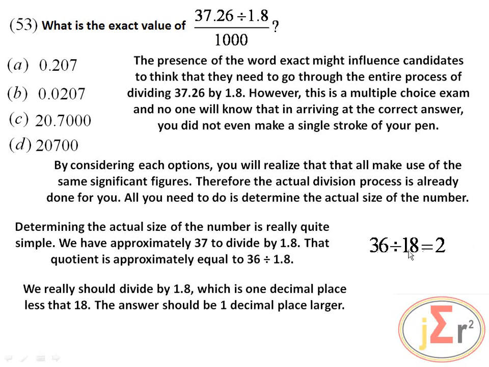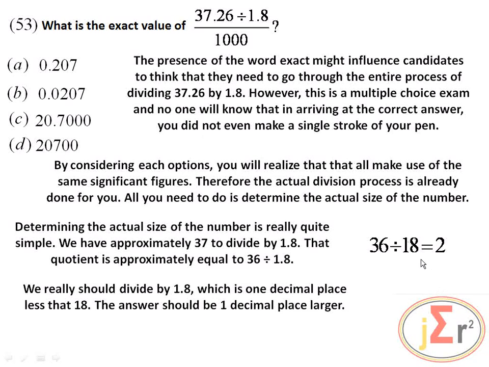36 divided by 1.8, we are dividing a number by another number that is one decimal place less than 18. If we reduce the divisor, then the quotient will be increased.